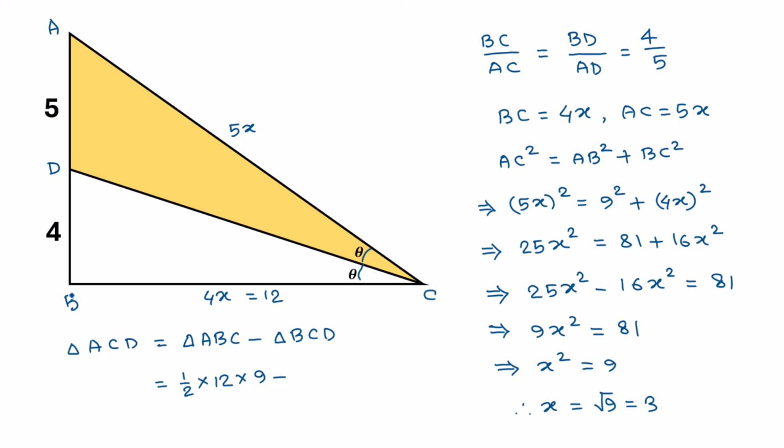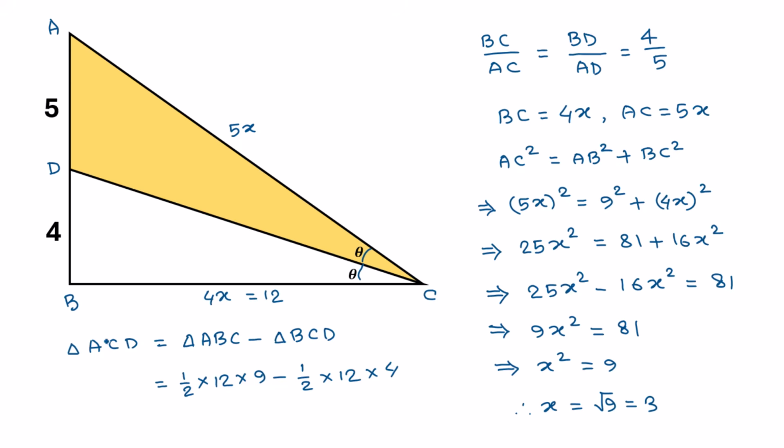The base of this triangle BCD is 12 units. So half times base, this is 12, times the height of this triangle, which is 4 units.